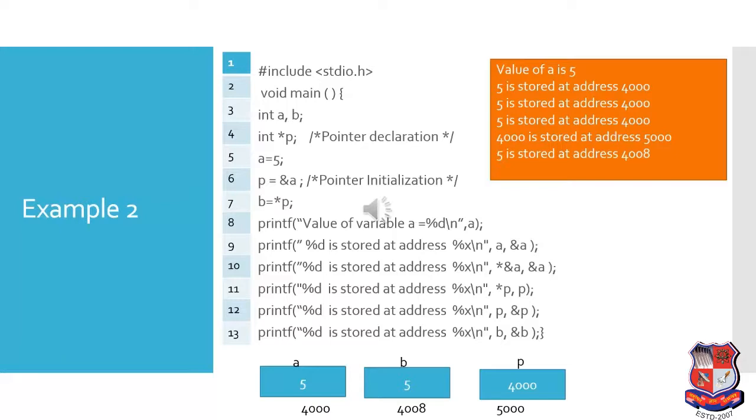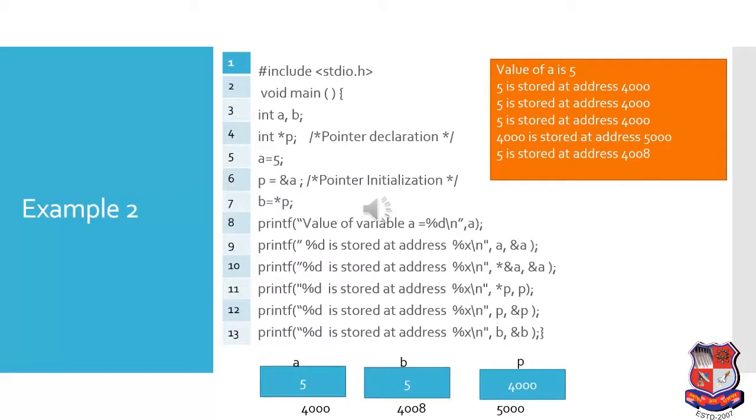Clear? Now, line number 7, B is equal to *P, that is, the value at address P. So what will be the output of this statement? The value at the address that P has, the address of A, that is 4000.